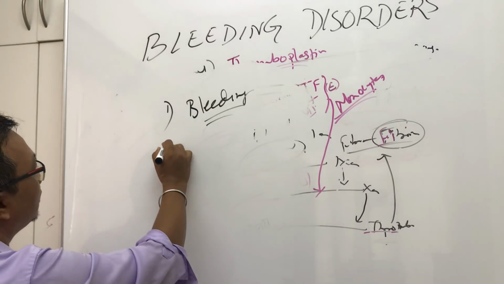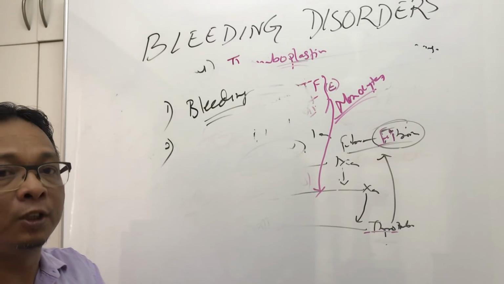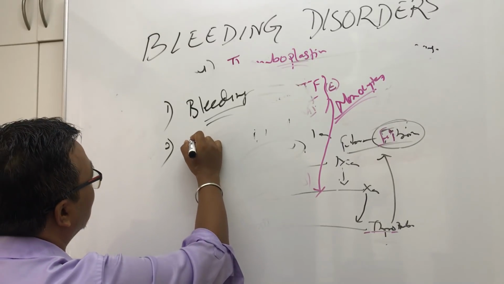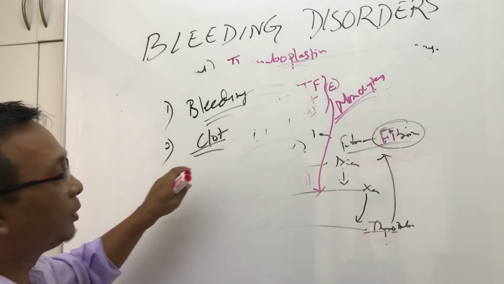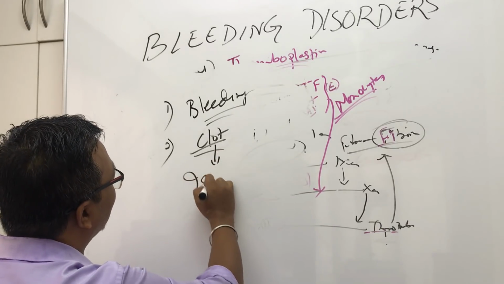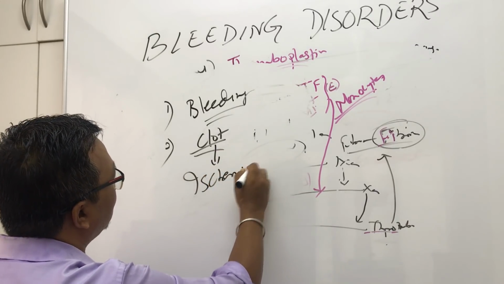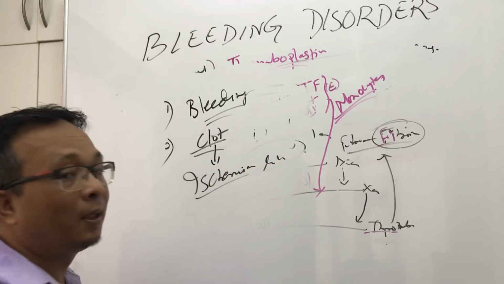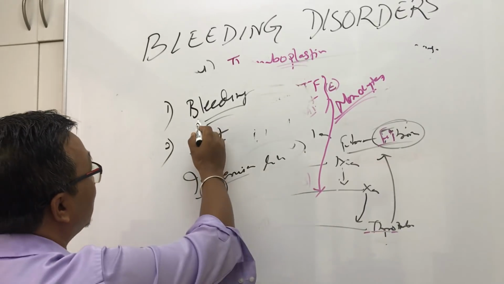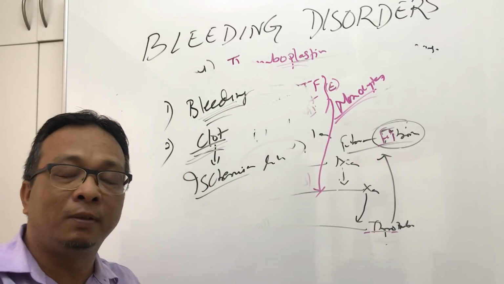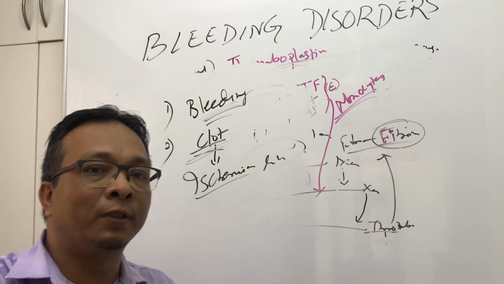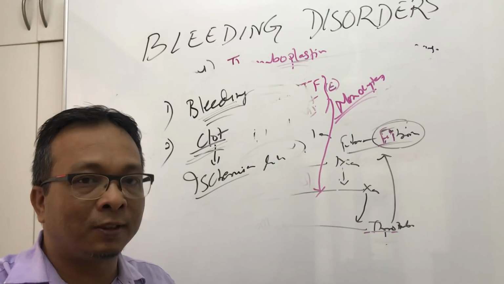Next, there will be formation of clot, and because of the clot formation, there will be ischemia-like symptoms. So there are bleeding disorders and also, simultaneously, formation of clot because of the rapid stimulation of the clotting cascade pathway.